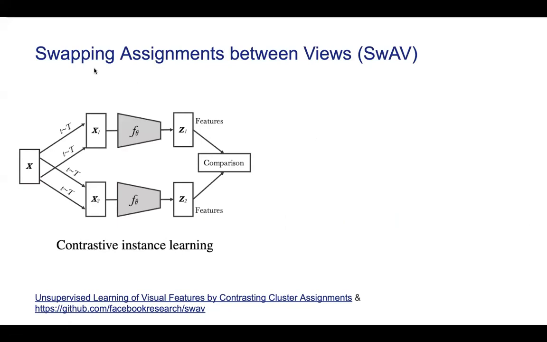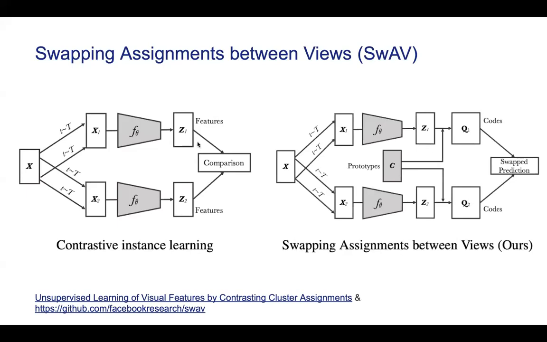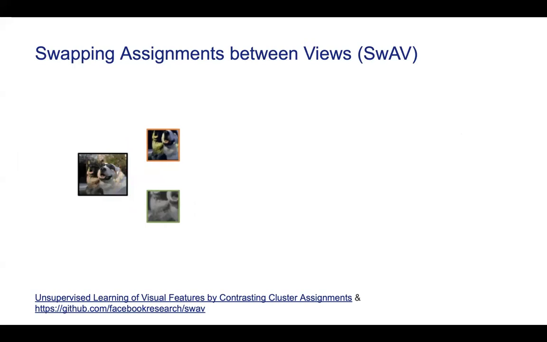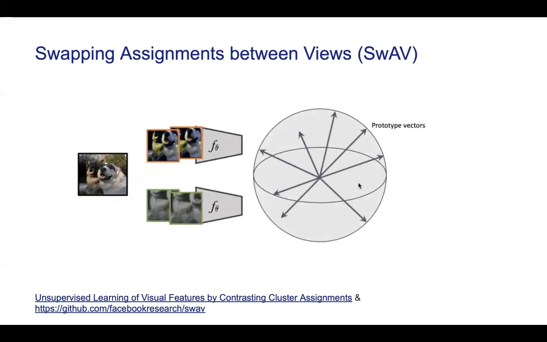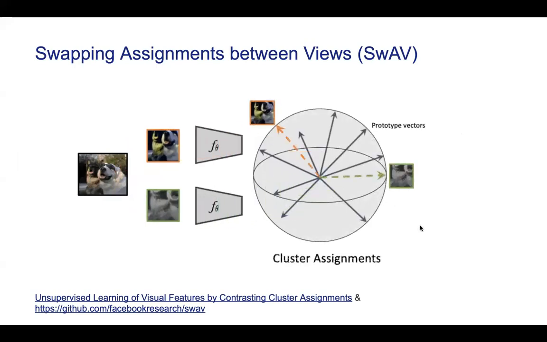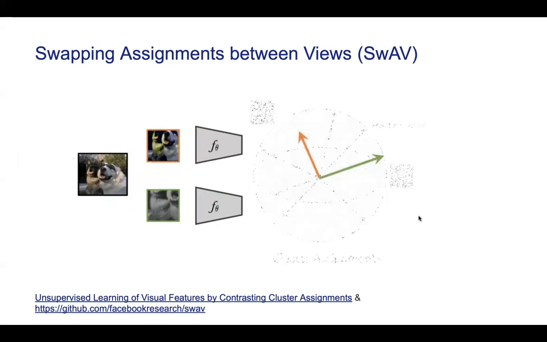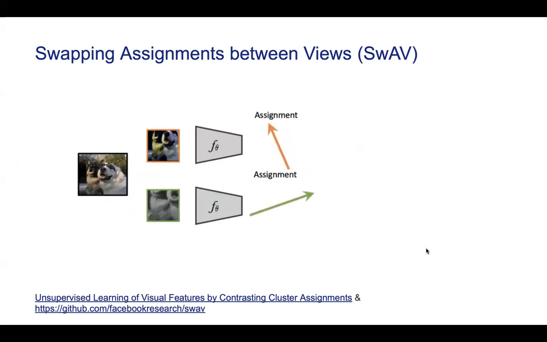What they do with this swapping assignments between views setup is, instead of comparing the features directly, we compare them to prototypes and then use the codes with a swap prediction task. This sounds a little bit fancy, but let's have a look at this presentation here. We also have it on the next slide without the animation to better get what we're doing here.